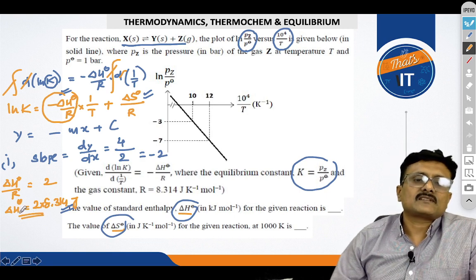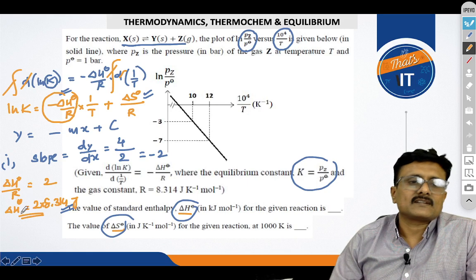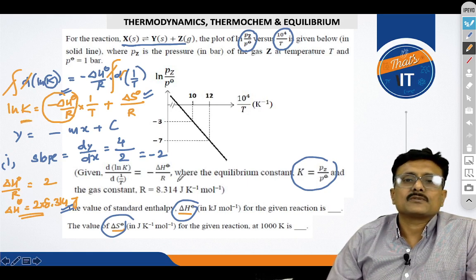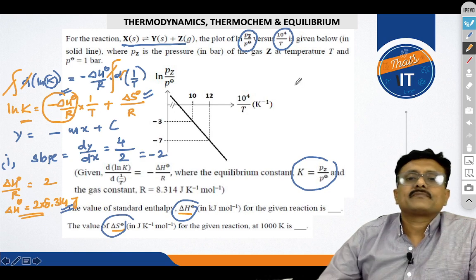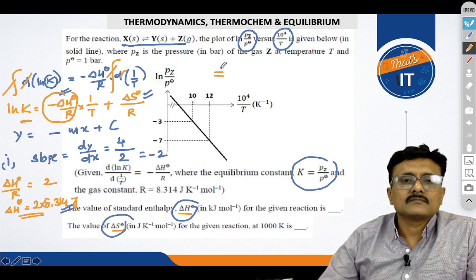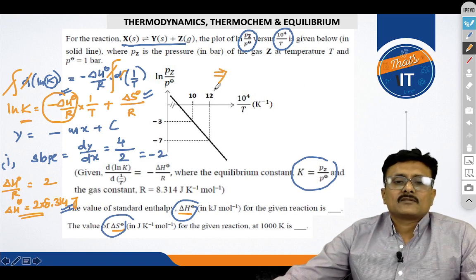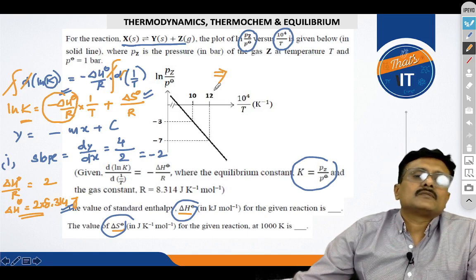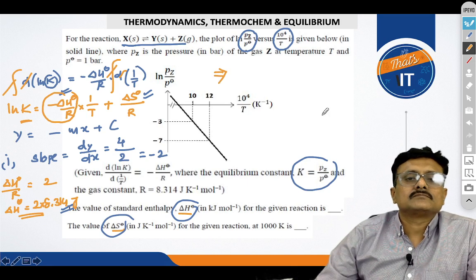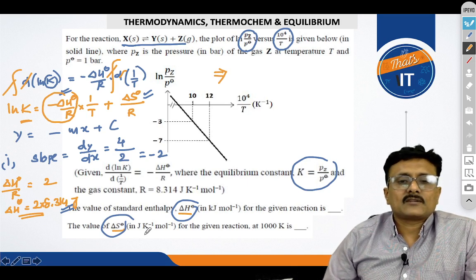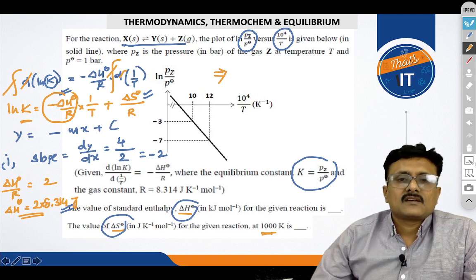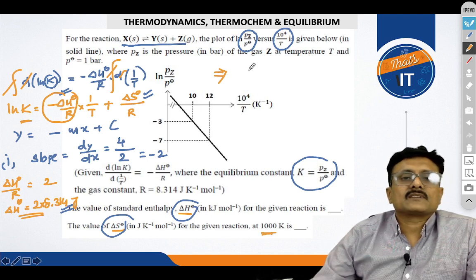Now when first question is done, obviously you have done the second question as well, right? You know, you can see that over here the ratio of these two, when you are going to substitute, alright, you are going to get the other values also. Okay, so how much is that? You have to find out the delta S naught when the temperature is, I am going to substitute the values over here, right?